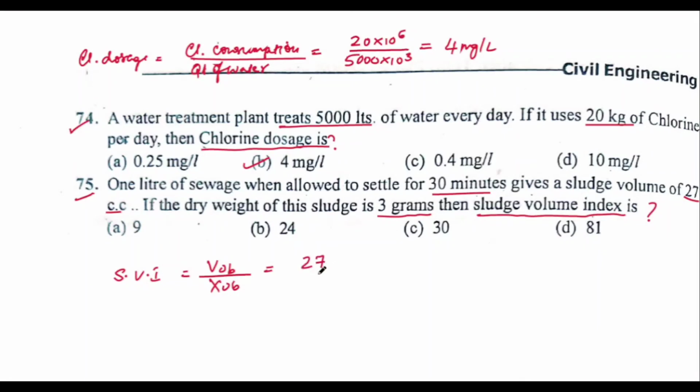VOB is 27 cc divided by weight of the sludge 3 grams, that is XOB. Therefore, the sludge volume index is 9 ml per gram. So option A is the right answer.